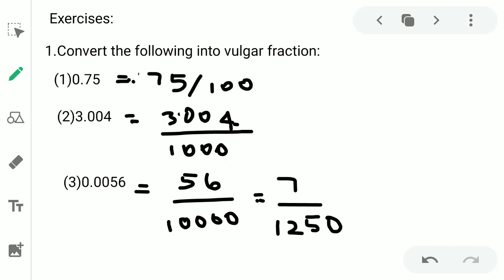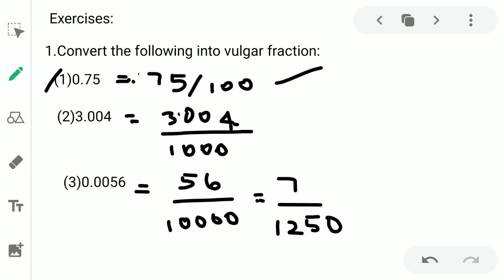Moving to the exercise. First question: convert the following into vulgar fractions. This first one, 0.75. When I divide 75 by 100, you will get this answer. They have given the answer and they are asking the question, so it is some tricks you have to make.